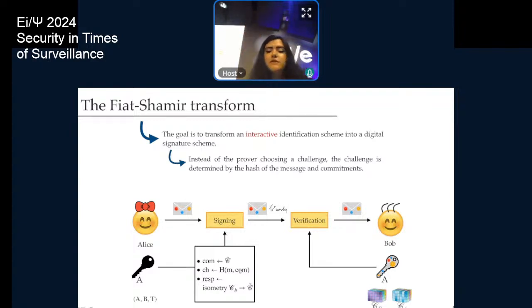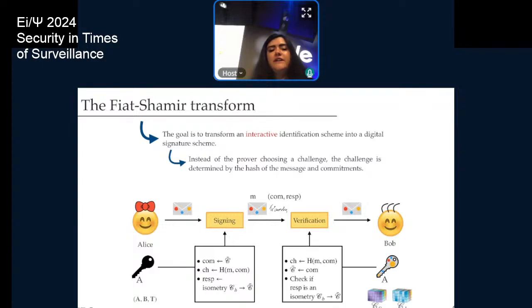If the first bit is 0, then it's challenge 0, otherwise it's 1. And we cannot control what the hash gives us, so the prover cannot cheat. On the verifying side, you just verify that everything was done correctly. So that is how you go from a hard problem, specifically from an equivalence problem, from some mapping, to a signature scheme.